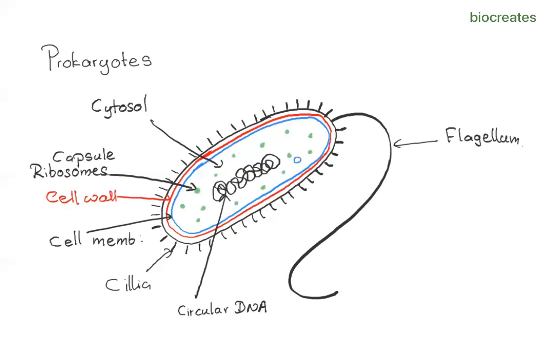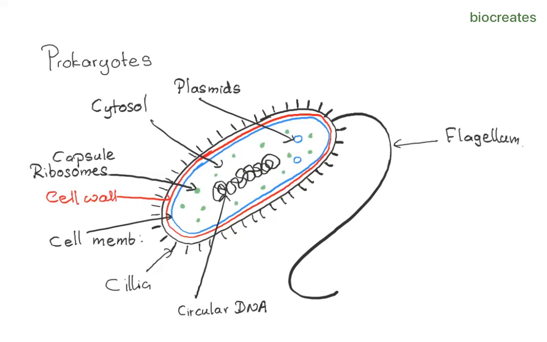A few small circular DNA molecules. They are called plasmids. So these are the structural features that we can see in a prokaryotic cell.